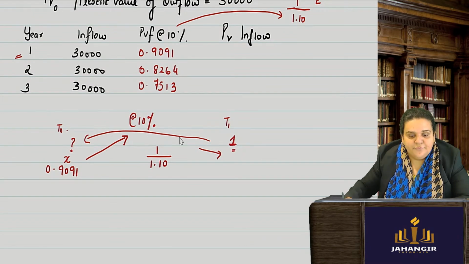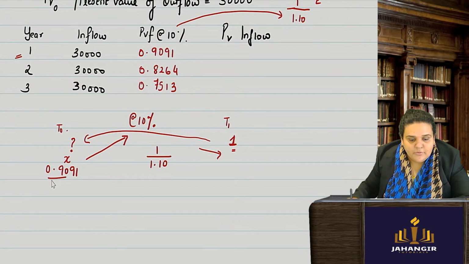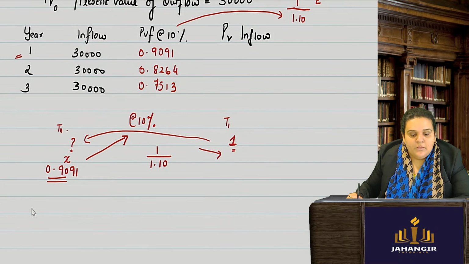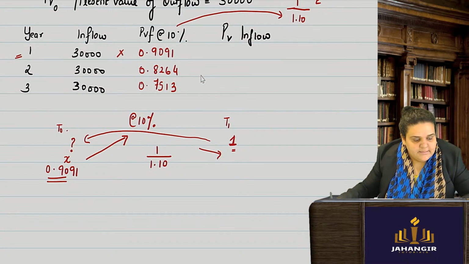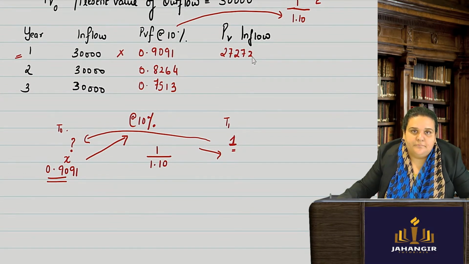For us it is 30,000. If I discount that at 10%, I come to the present value. Now if I multiply that present value by my 30,000, I will get 27,273.